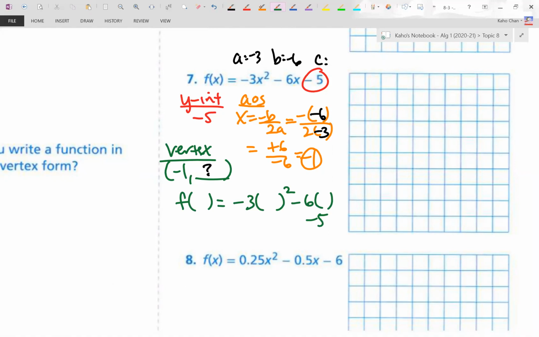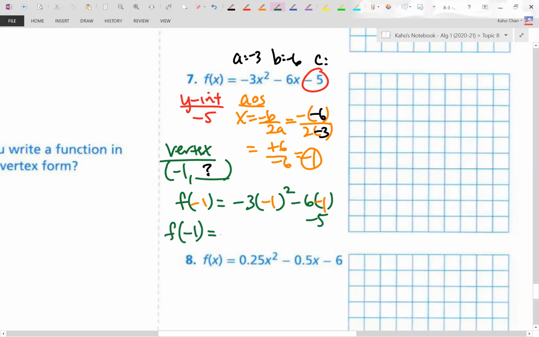We are putting in, ladies and gentlemen, -1 right there, and right there. The y value when you're plugging in -1 is equal to -3 times that squared minus 6 times that minus 5. We're putting in -1.